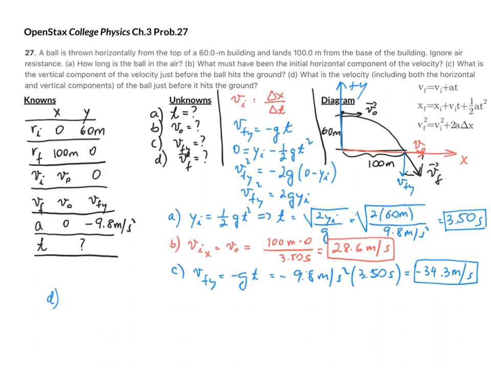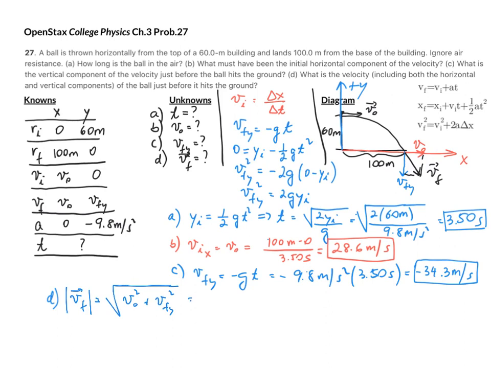All right, then in part D, I'll put it over here, we are looking for the entire v final. So that's the quantity that I drew here in black. This is my v final. So from the Pythagorean theorem, I see that v final is square root of v naught squared plus v final y squared. So v final, this is the magnitude, is square root of v naught squared, that's the x component of the final velocity, plus v final y squared.